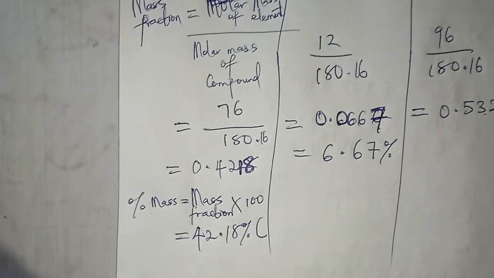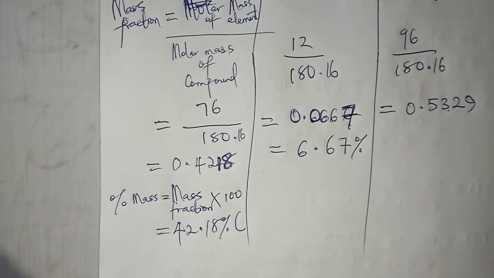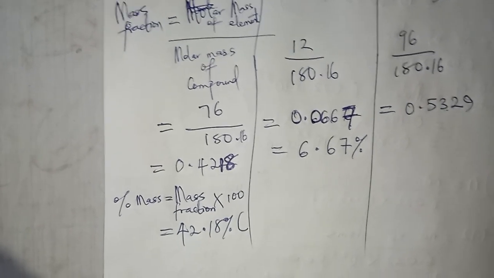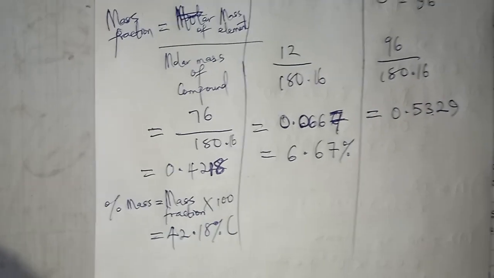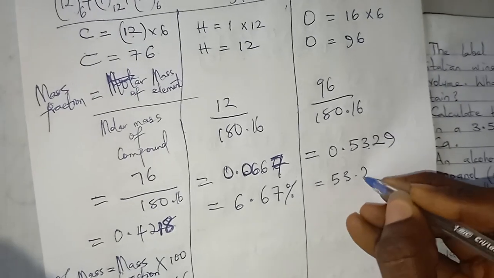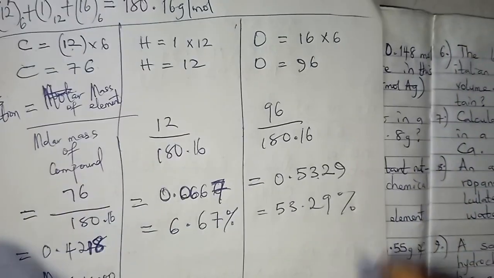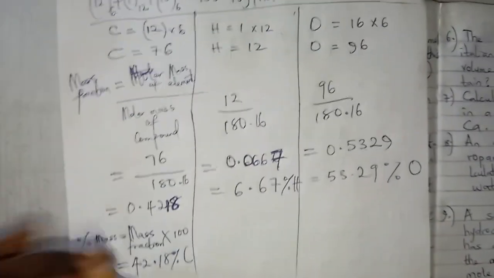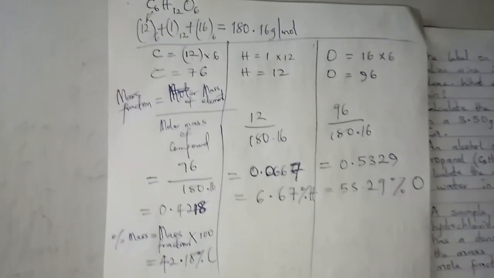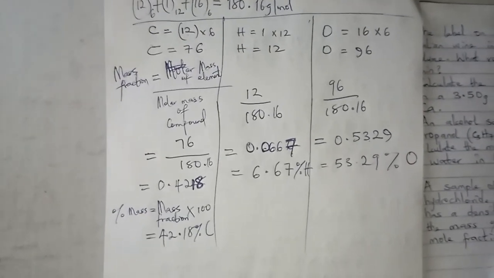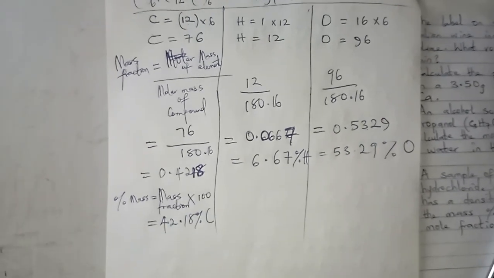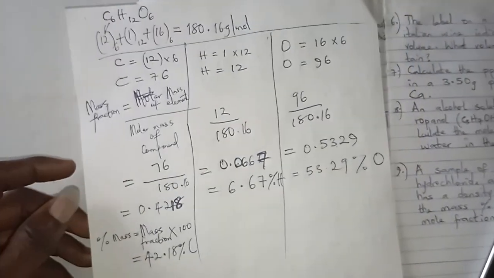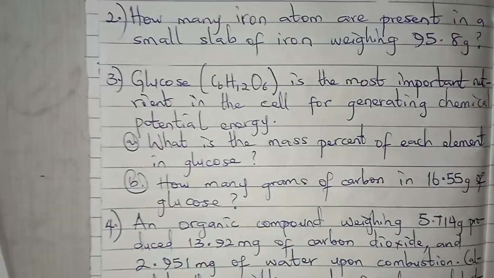Then if I do 0.5329 times 100, I'll get 53.29% oxygen. This is what I'm getting. This is how to go about it. So that is for percentage mass, question number 3.